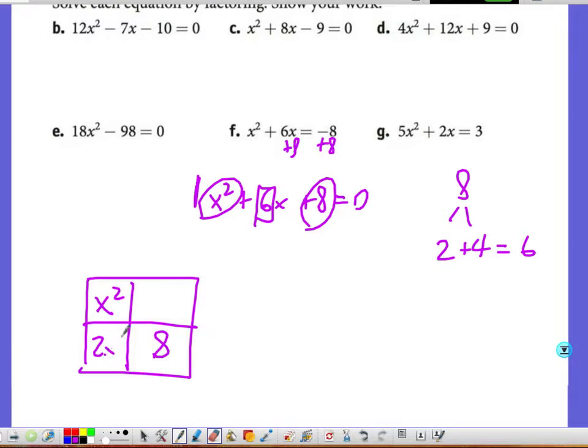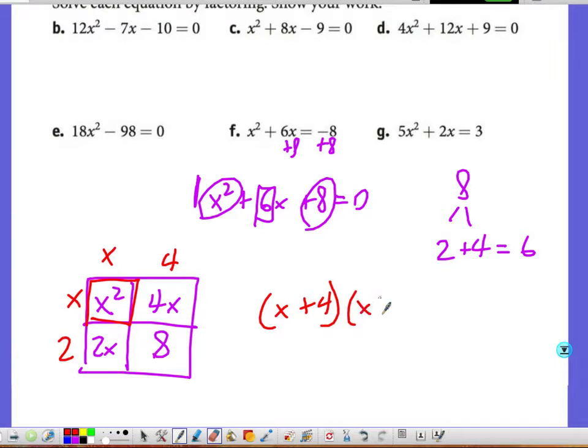So 2x and 4x. I need to find the dimensions of this box. It's x squared, so it's going to be x times x. So x times 4 gives me 4x, and then x times 2 gives me 2x. And that's it. Those are my two parentheses, x plus 4 and x plus 2 equals 0.